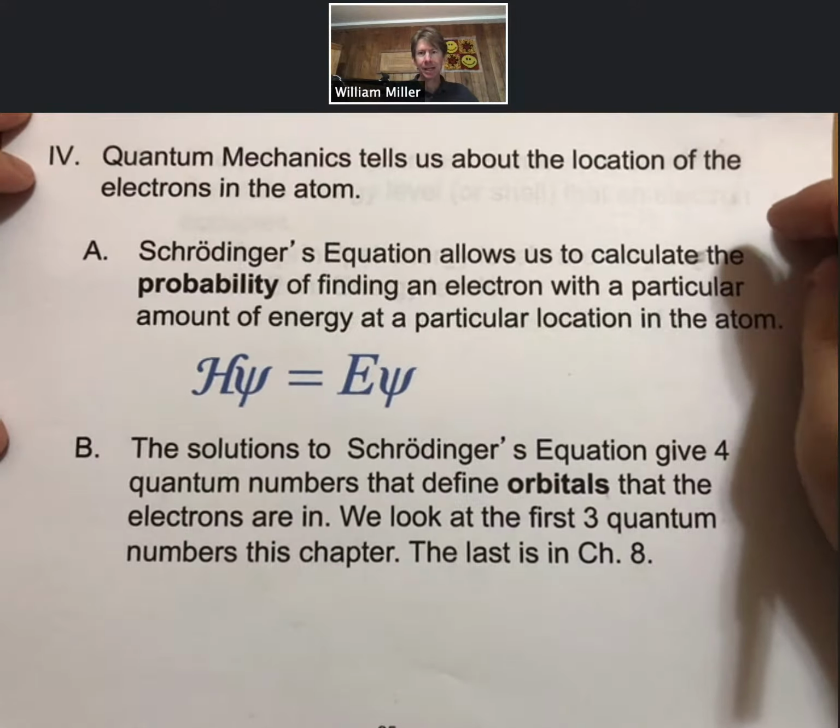So if we were to draw an atom with the nucleus right here, and we were to draw n equals 1, and I'll draw n equals 1 fairly tiny, we would then have to draw n equals 2, 4 times as big, approximately there.